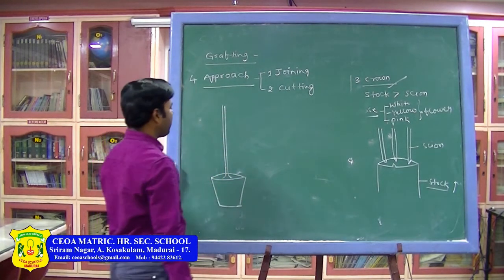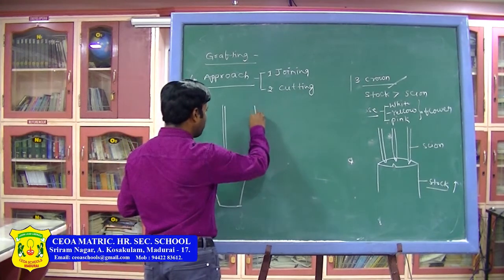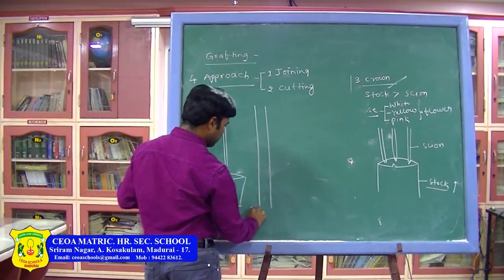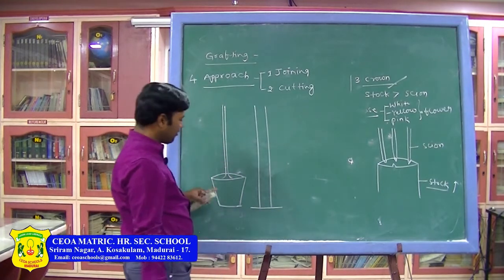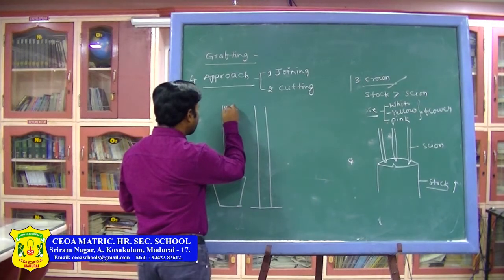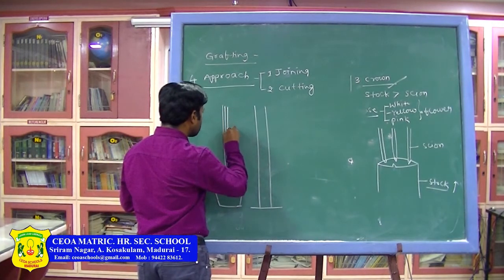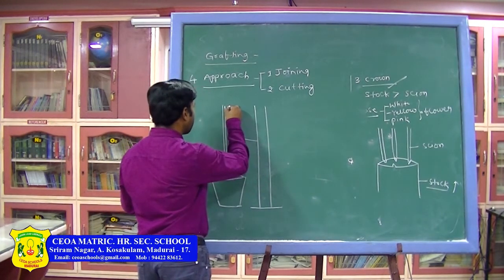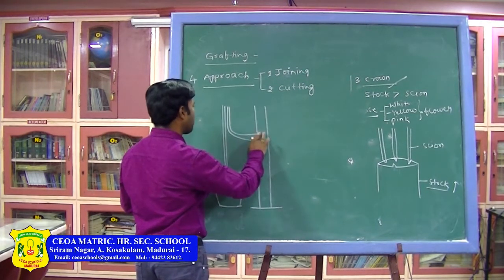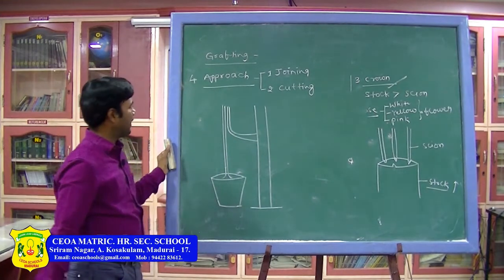Okay, this is a plant. Now, here one more plant we are taking. This is another plant which is rooted in the soil. It is in the pot, but it is rooted in the soil. From this, a branch arises like this.